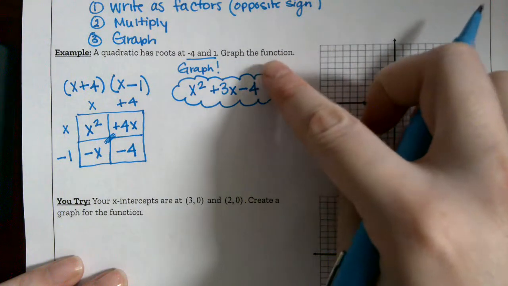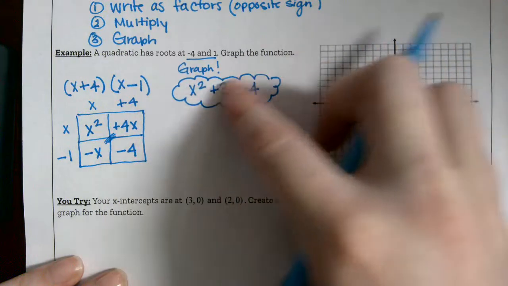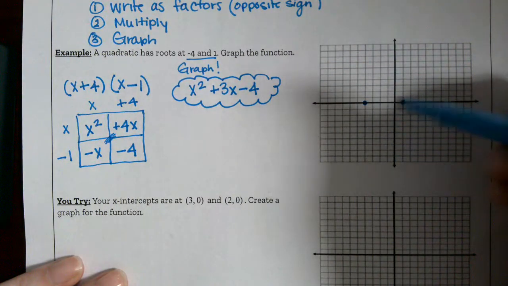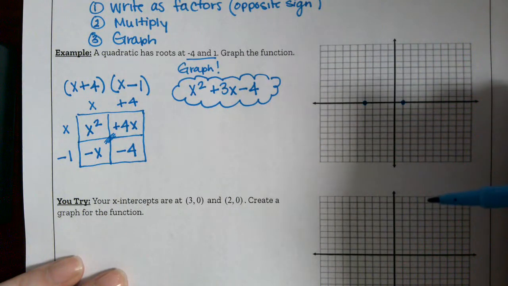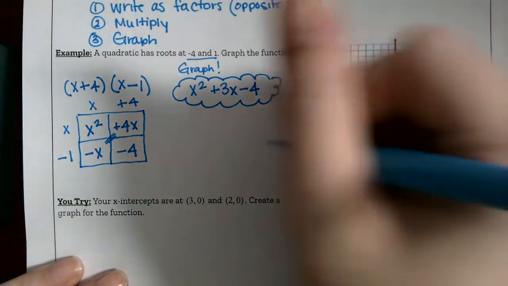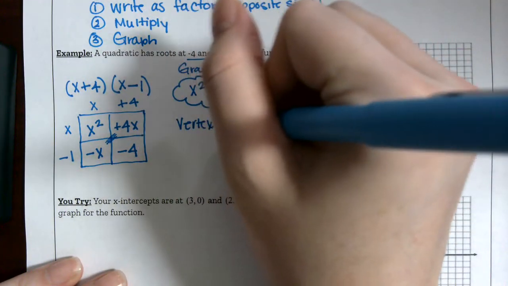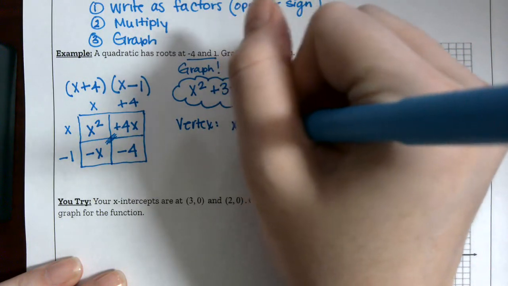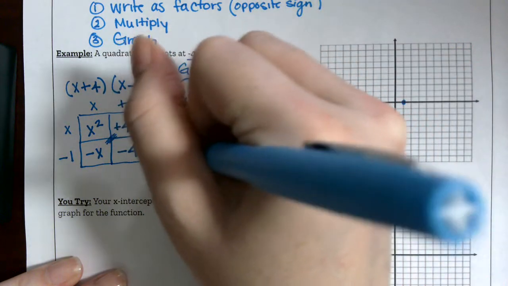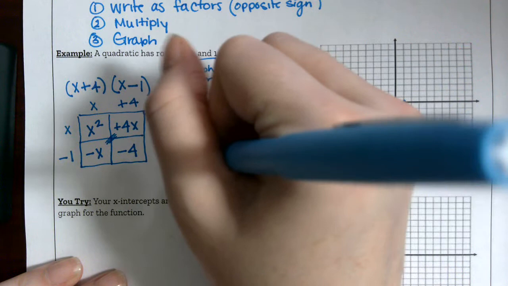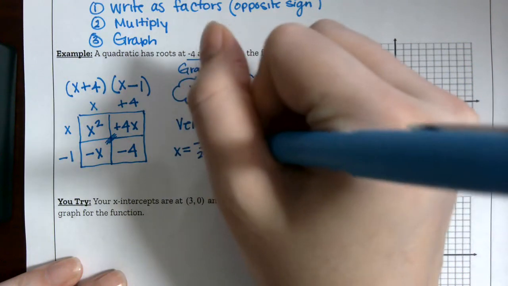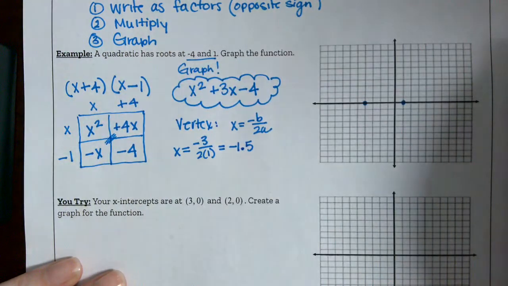So now it also wants us to finish graphing. So now that I have my equation, I need to find my vertex so I can find where on this graph my vertex is going to go. And in order to do that, we need to use our formula for the line of symmetry, which is x equals -b over 2a. So I get -3 over 2 times 1, which simplifies to -1.5.